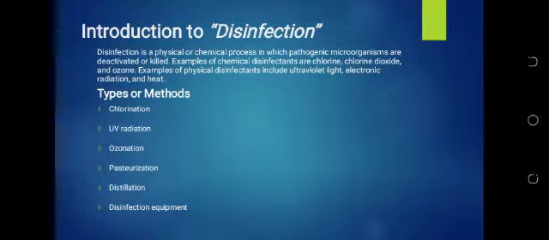Examples of physical disinfectants include ultraviolet light, electronic radiation, and heat. We can say types of disinfection or methods of disinfection. Those which are widely used all over the world are chlorination, ultraviolet radiation, ozonation, pasteurization, distillation, and disinfection equipment.